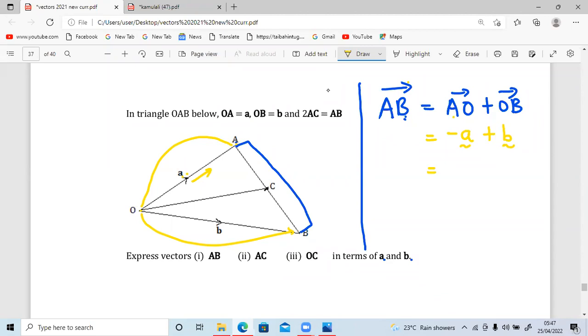So you can write it as B minus A. So this is our vector AB. Has everyone understood that part? Yes, teacher.